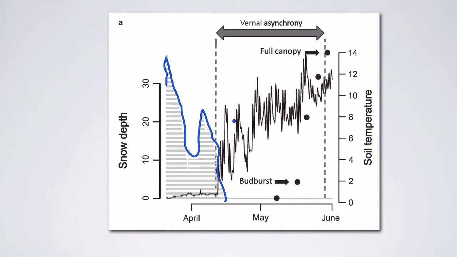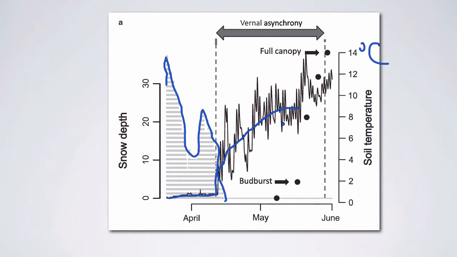And once the snow is gone, look at the soil temperatures here: 0 to 4 up to 14 degrees Celsius. The soil itself stays relatively cold. It's relatively insulated. But once that snow disappears, the temperatures start to climb. And it gets warmer and warmer and warmer. And you can see, after a certain period, it flattens out.